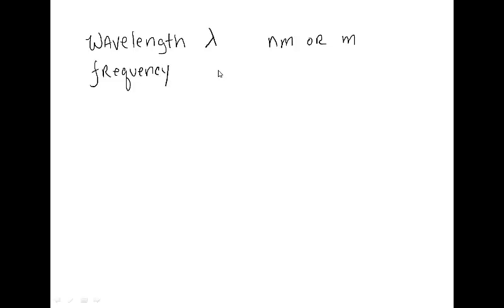Wavelength, a property of a wave, the distance between two peaks. Symbol, units. Frequency, exactly what it sounds like. How frequent is your wave? Symbol, units. Speed of light, calculated by wavelength of light times its frequency.